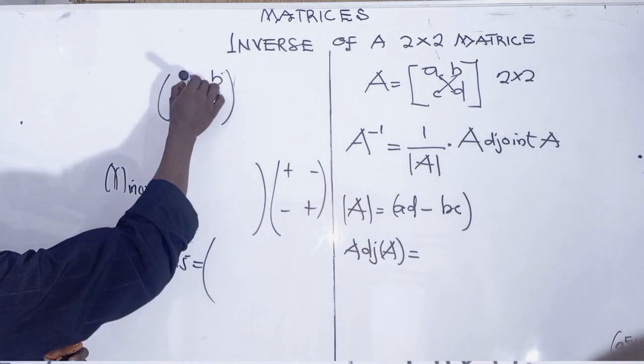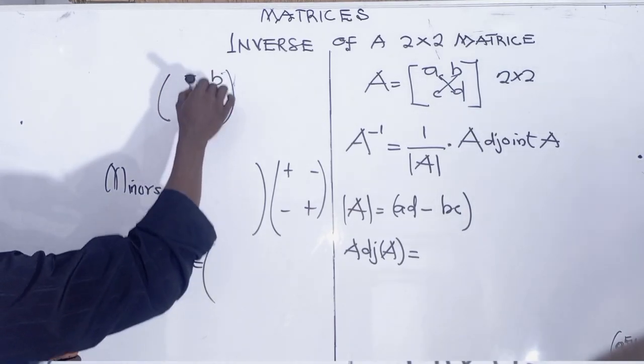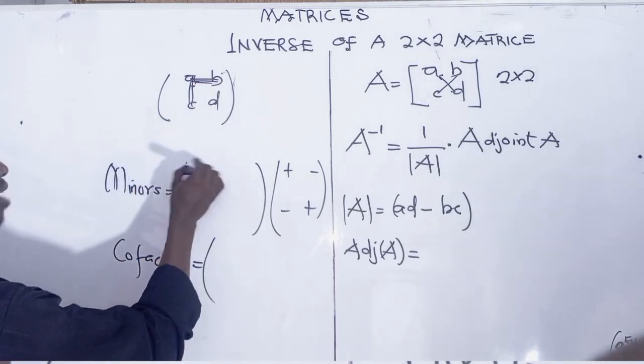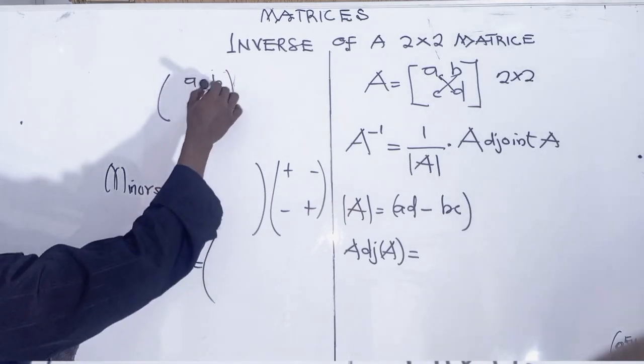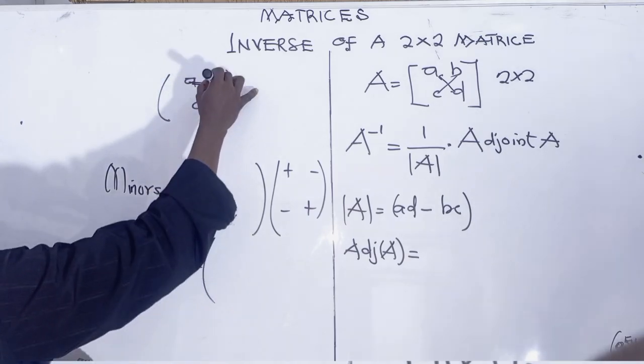So to find the minor for the first entry, it means we are going to collapse the first column and then the first row. We are left with entry D. So we have our D here. To find the minor for the second entry, we are going to collapse the first row and then the second column.